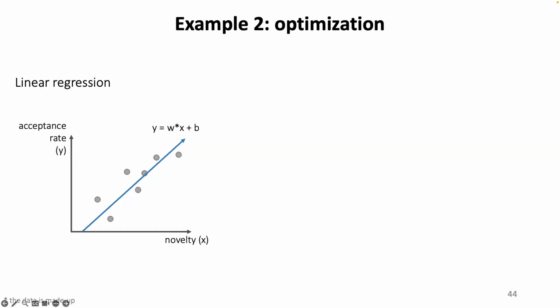For linear regression, basically, we want to find a linear relation between two variables given a data set of x and y, right? If we have this data set, then the goal is to find a weight w and a bias b so that the linear function best models this relation. In this case, I have x being the novelty of your paper and y being the acceptance rate of the paper. And of course, the data is completely made up.